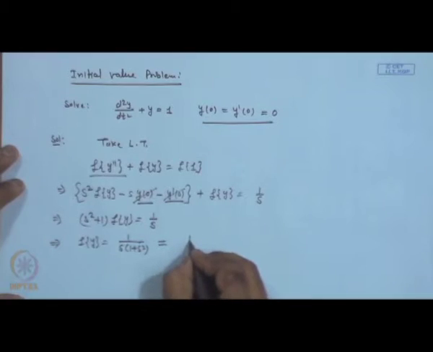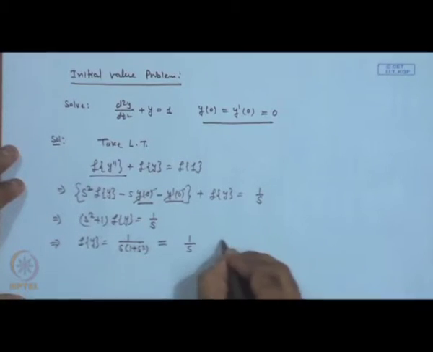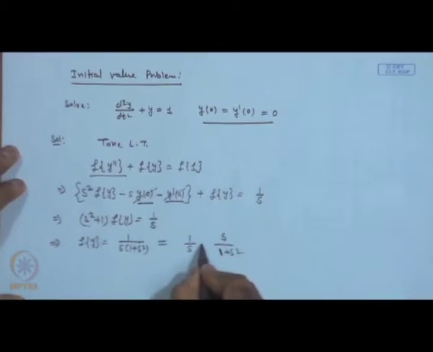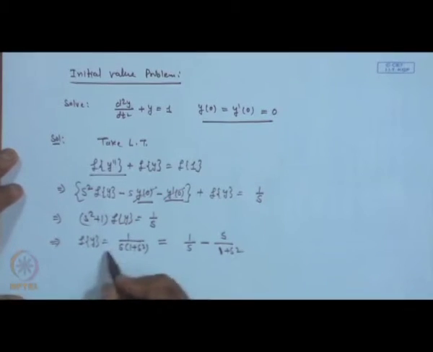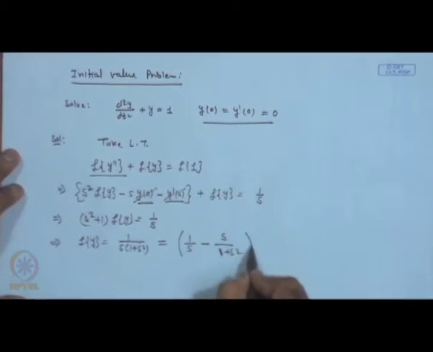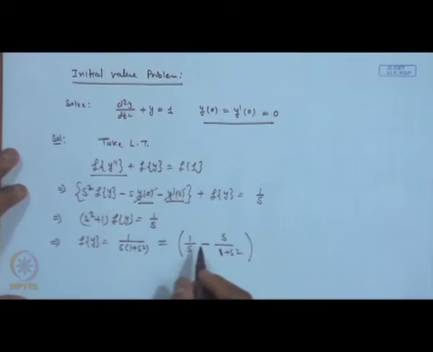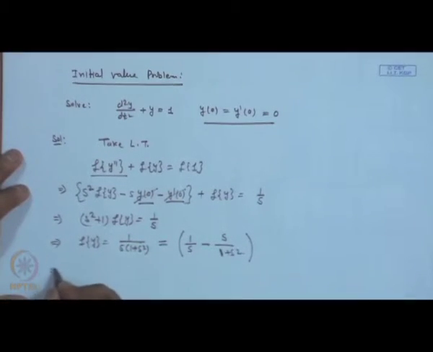We get 1 over s minus s over 1 plus s squared. This is a trick to get the Laplace inverse by partial fractions. So, the Laplace of y is 1 over s minus s over 1 plus s squared.